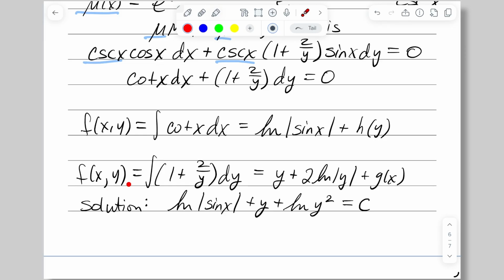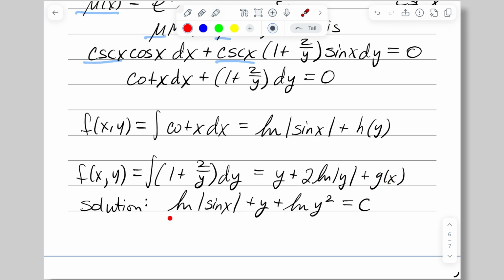F of xy is also the integral of mu N with respect to y. And so we have the integral of 1 plus 2 over y with respect to y, and we see that that's y plus 2 times the natural log absolute value of y plus some function of x.